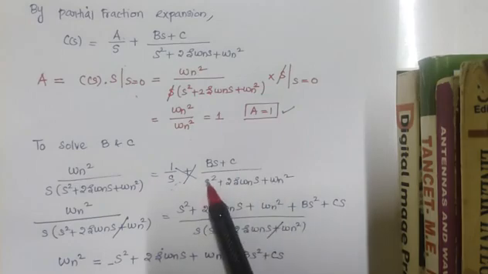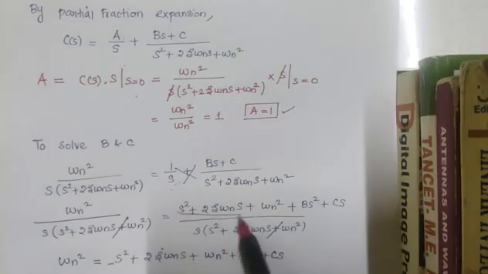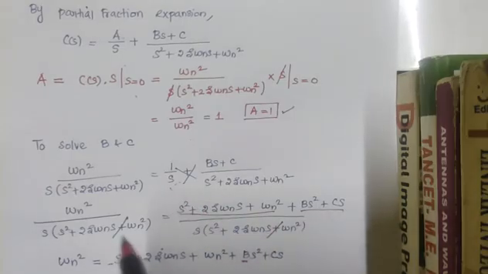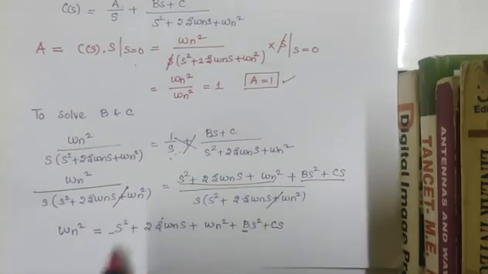Just do the cross multiplication, you will get the term like this: 1 into this term you are getting here, then Bs plus C into s becomes Bs square plus Cs. The denominator gets cancelled, so your term becomes omega n square equal to s square plus 2 psi omega n s plus omega n square plus Bs square plus Cs.